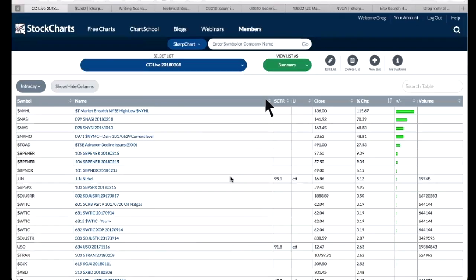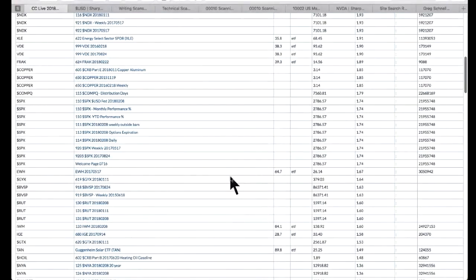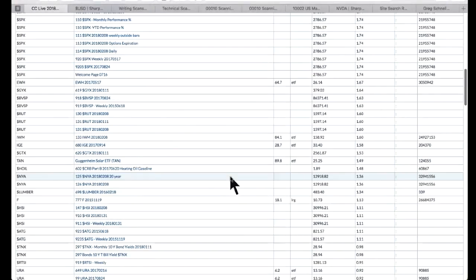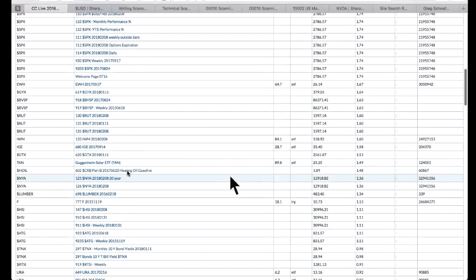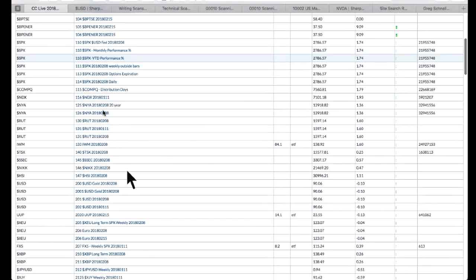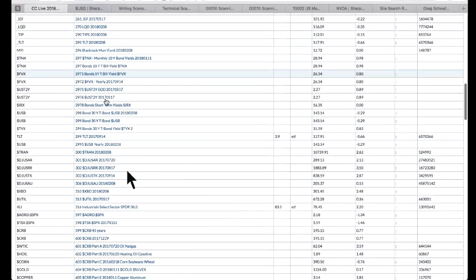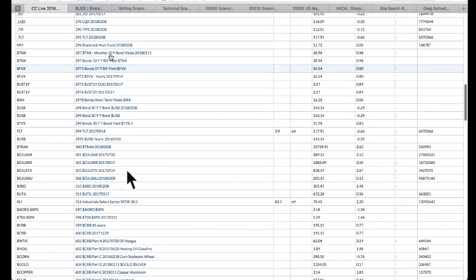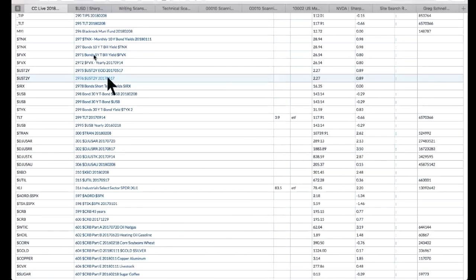Okay, so here we go with copper, energy. Oh, these are not in order. There we go. Okay, just looking through here to find my junk bonds. There we go.